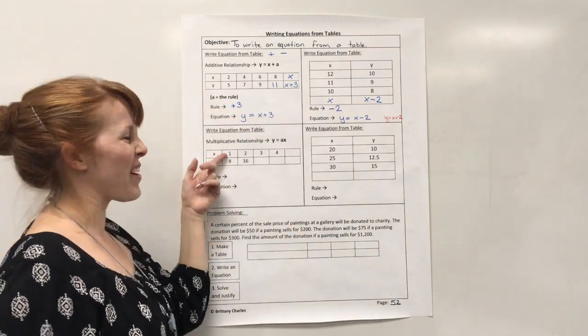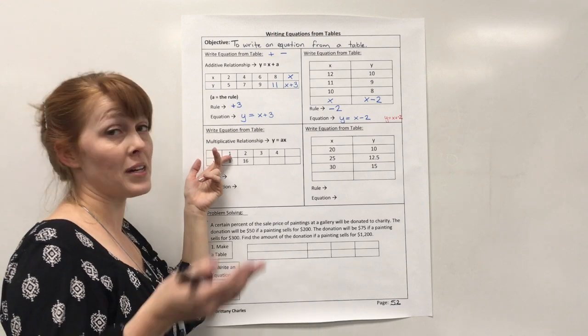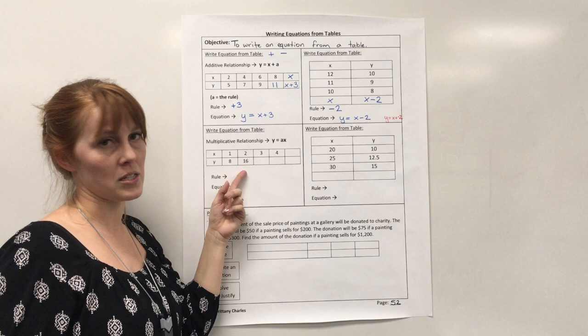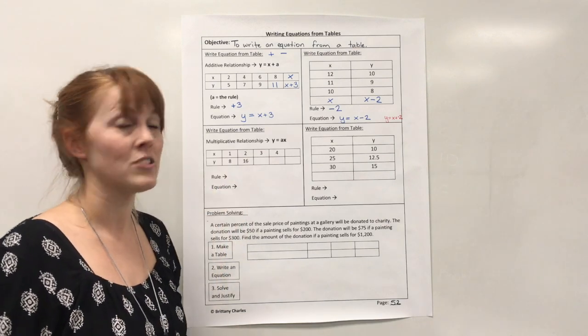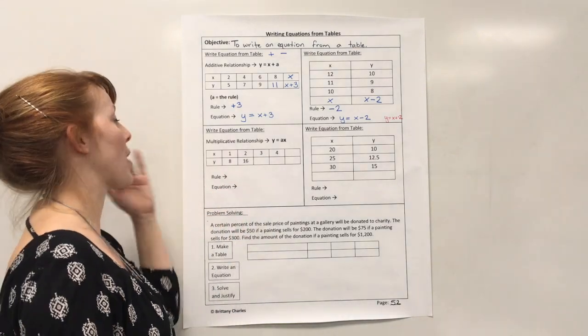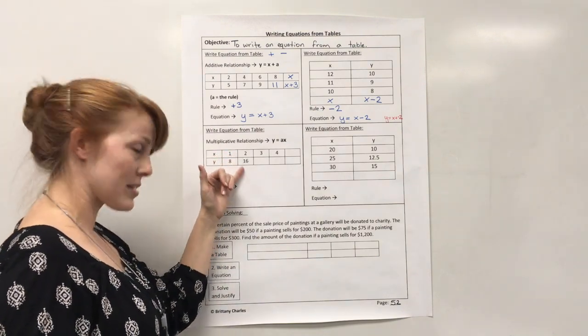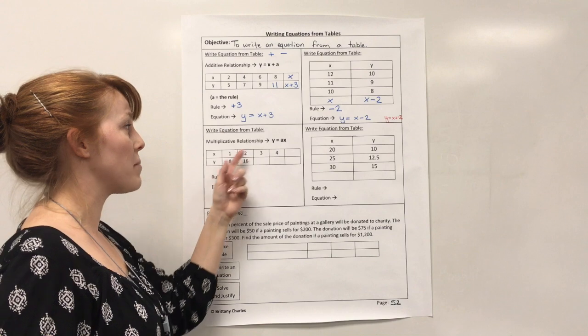Maybe it's adding: 1 plus 7 is 8. But 2 plus 7 is not 16, so it's not additive. Let's try multiplying. 1 times 8 is 8. 2 times 8 is 16. That worked for both of them.